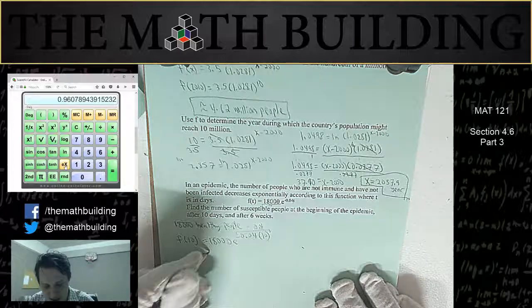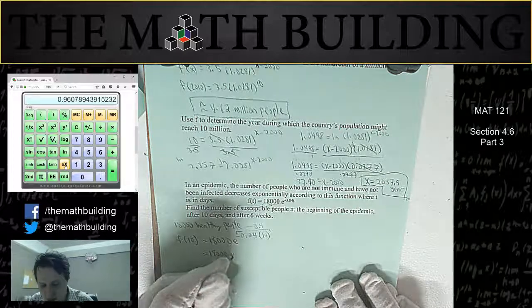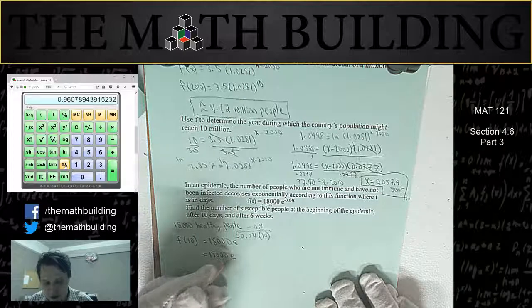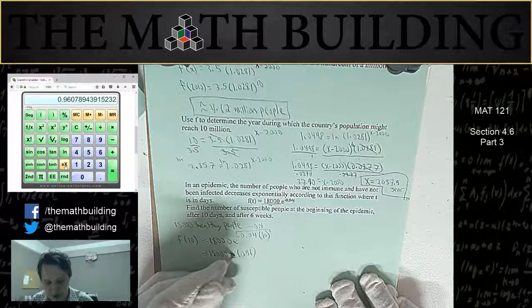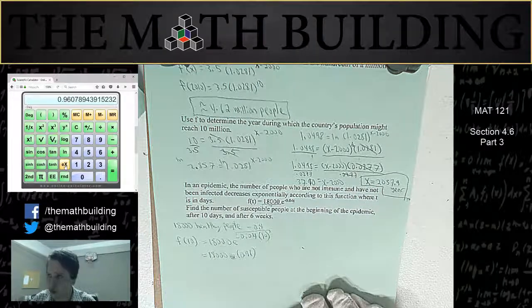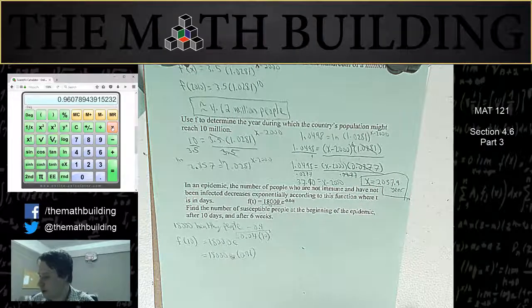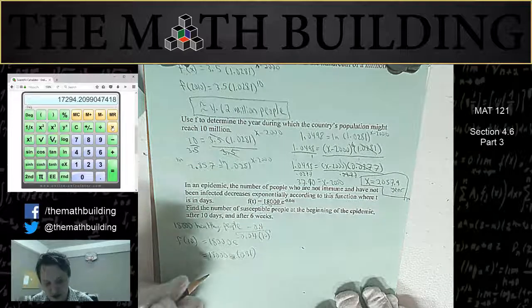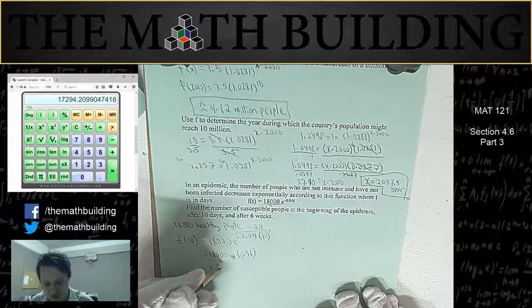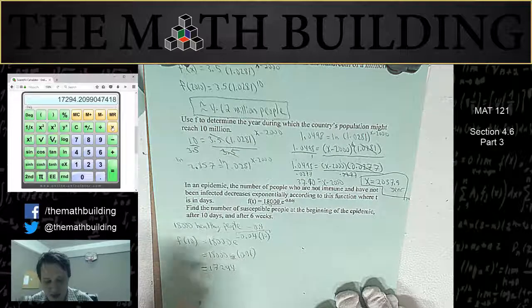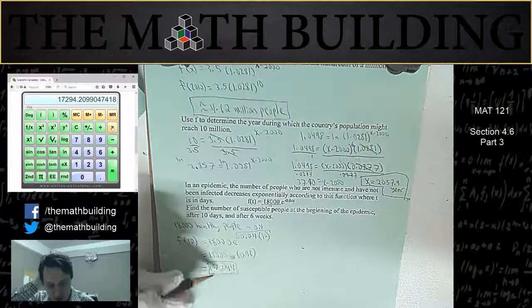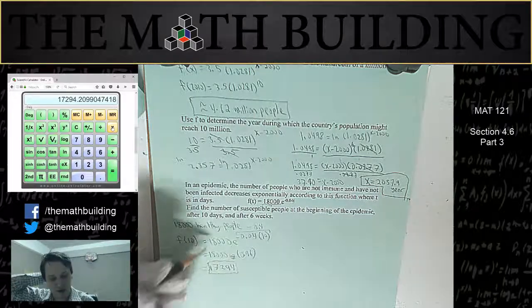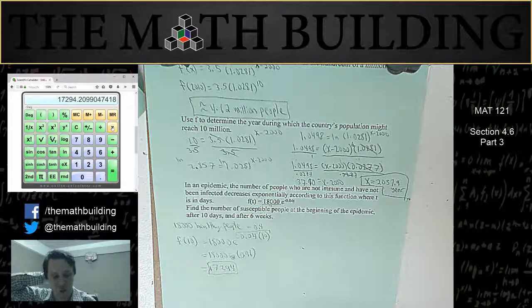And so we get 18,000 times 0.96. So just take that number, multiply it by 18,000, we are now down to 17,294 healthy people if you round. So in just 10 days, we've gone from 18,000 healthy people down to 17,294.